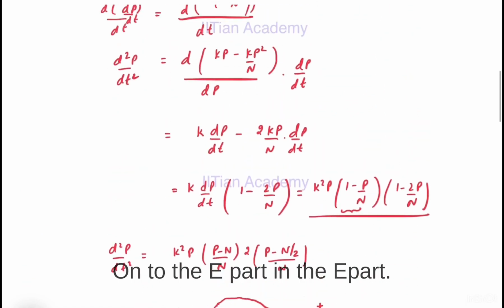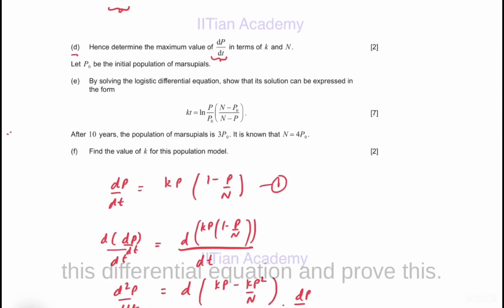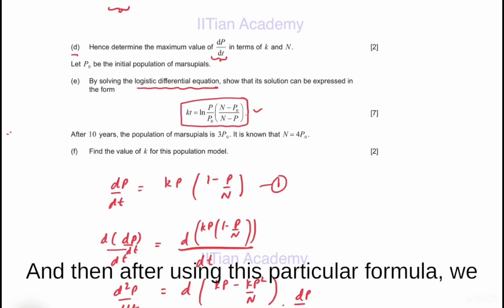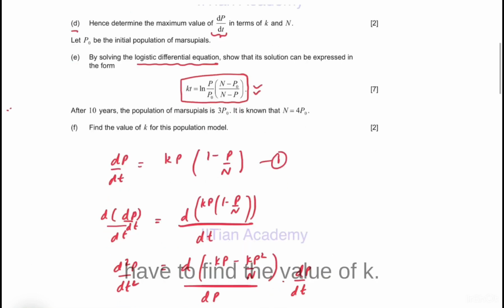In the E part, we have been asked to solve this differential equation and prove it will come in this format, and then, using this particular formula, we have to find the value of k.